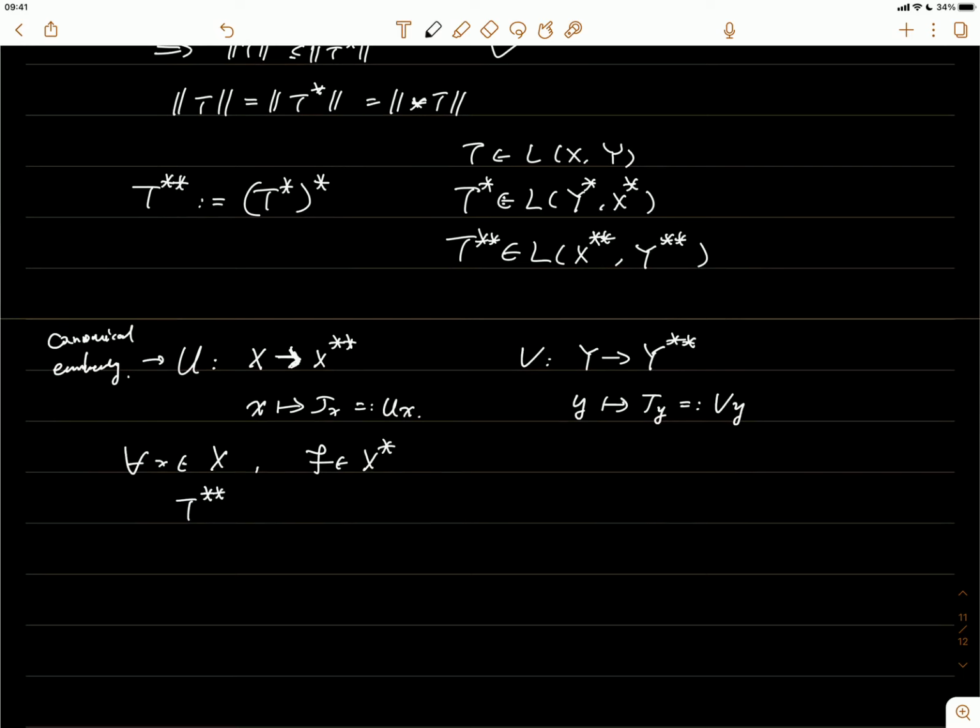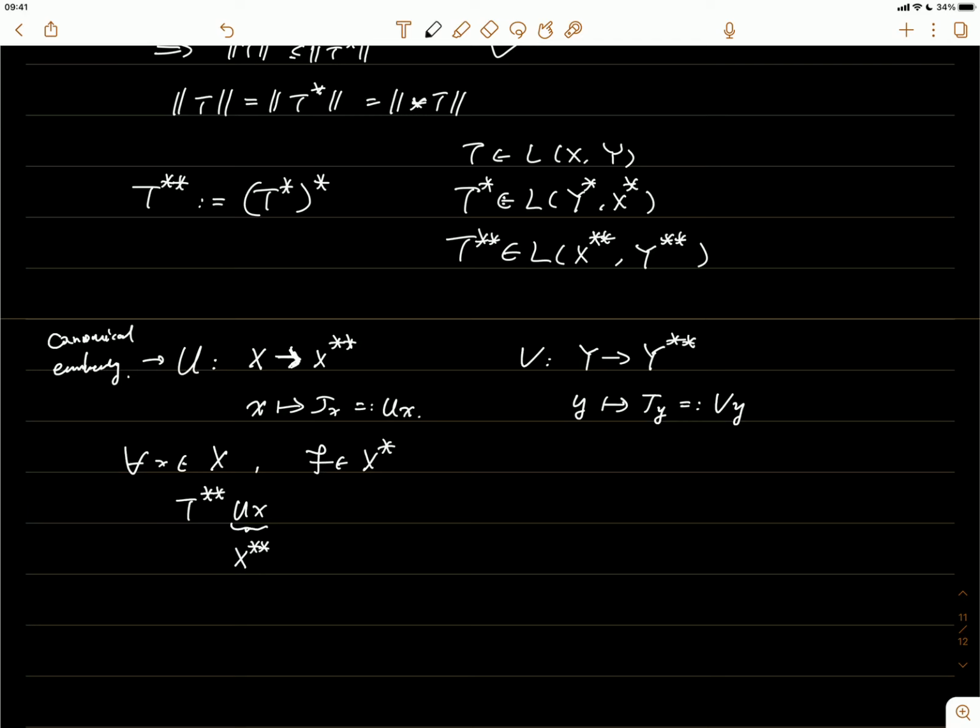This is a mapping from the bidual of X to the bidual of Y, so I need to apply it to the bidual of X, and this U_x is in X double star.